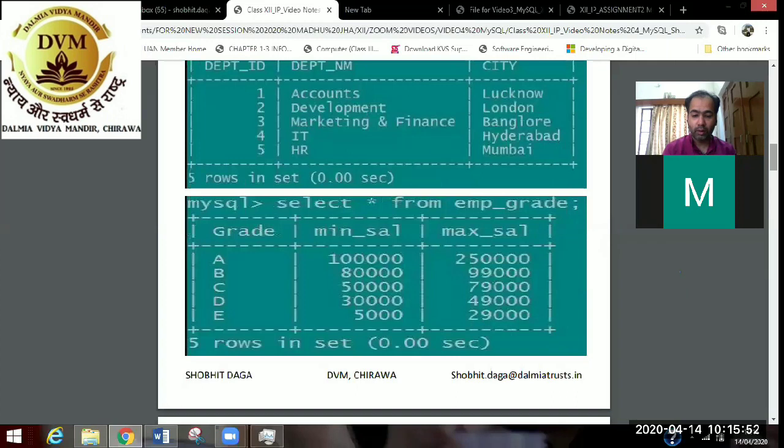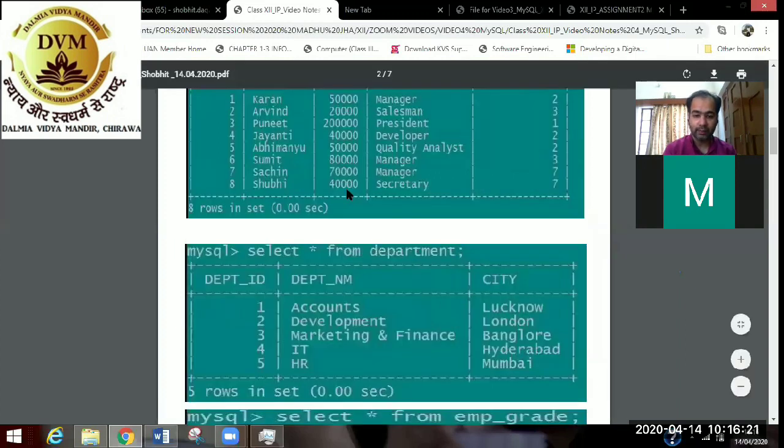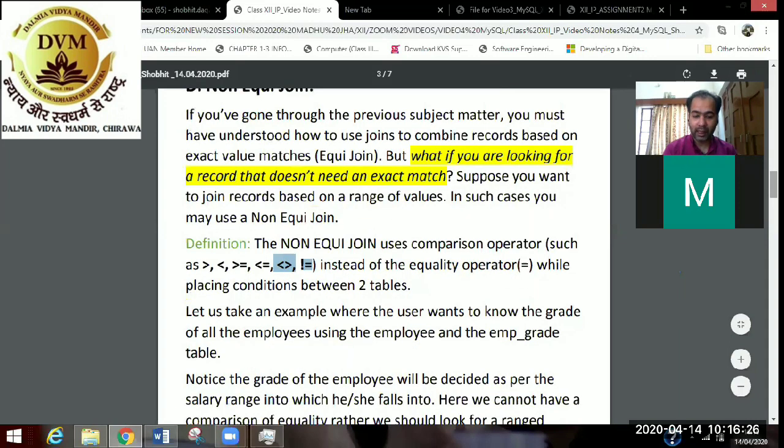There is a grade C with a minimum and maximum salary of 50,000 and 79,000. So you will map Karan to grade C, such that his salary falls between this range of 50,000 and 79,000. The same condition should be applied for all of these. The query for this will look something like this.